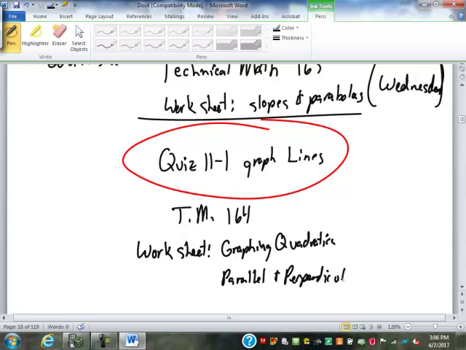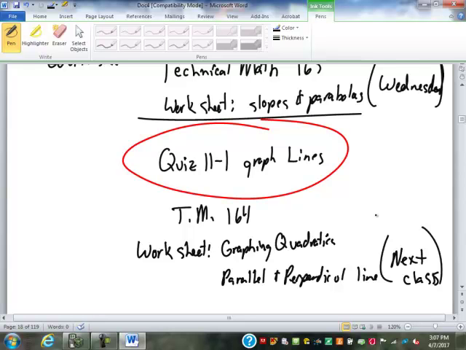That is the worksheet that is due for our next class. So for right now, I'm going to have you do that quiz first. So you'll have to pull it out of your packet, obviously, so you can hand it in.